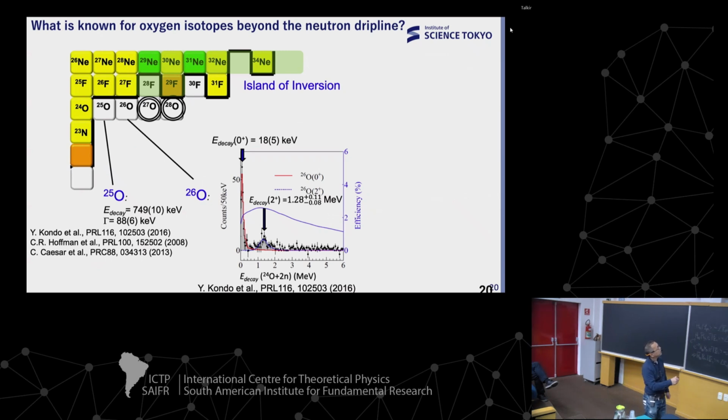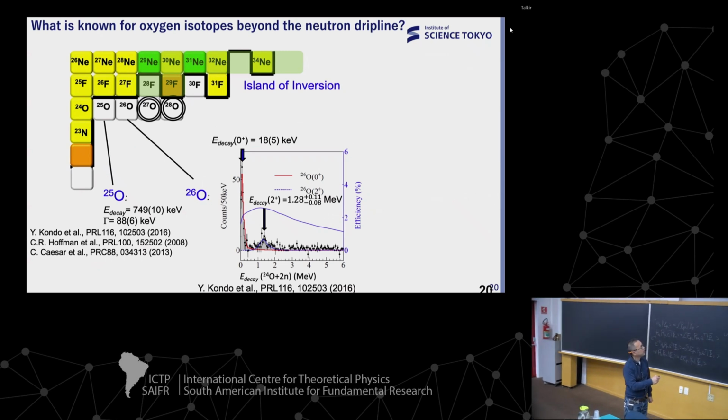Interestingly, the ground state is only 18 keV above the threshold. So only a subtle difference. Maybe this could be bound, right? Only 18 keV means that if there's something wrong, maybe this could be a bound state. Anyway, this is unbound, but only 18 keV. And then we also observed the first excited state at 1.28 MeV.